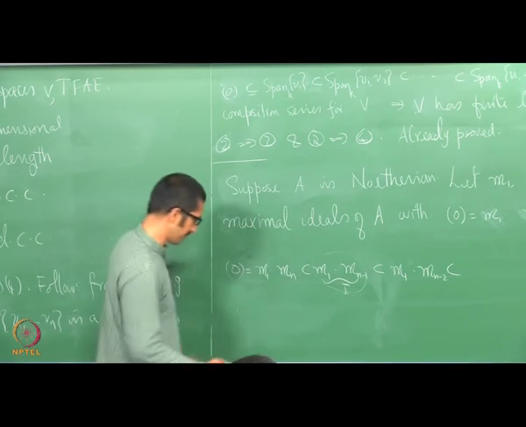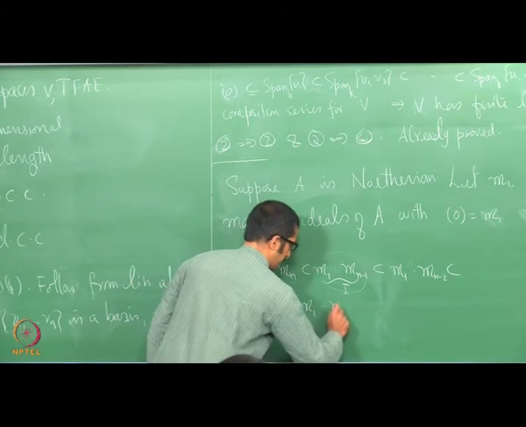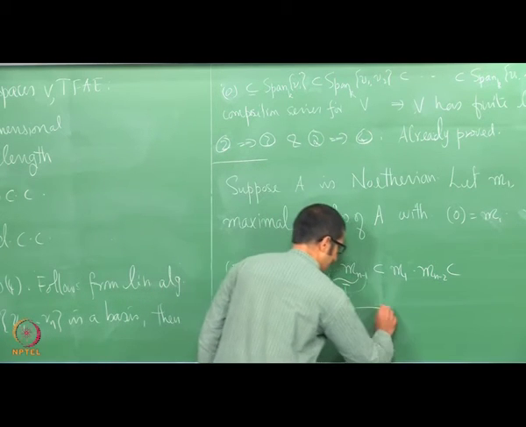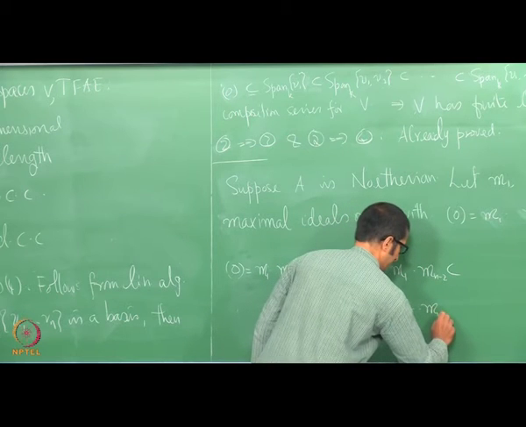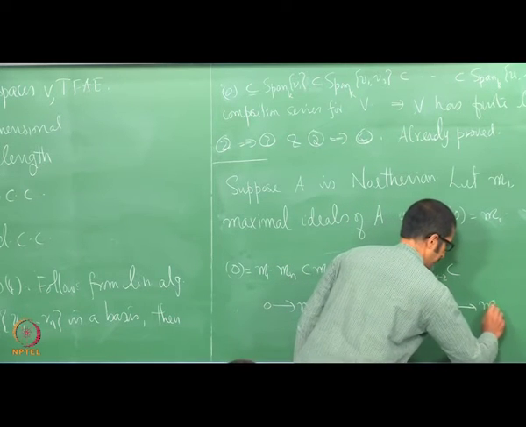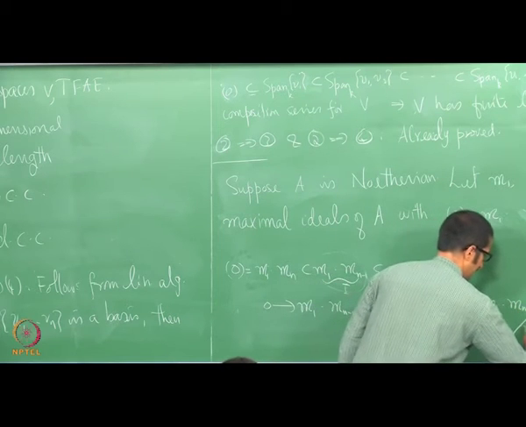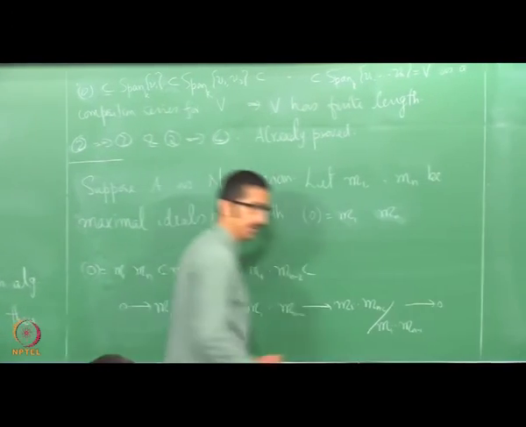We have the sequence 0 to M1 up to Mn minus 1, the inclusion map to M1 up to Mn minus 2, to M1 up to Mn minus 2 mod M1 up to Mn minus 1, to 0.